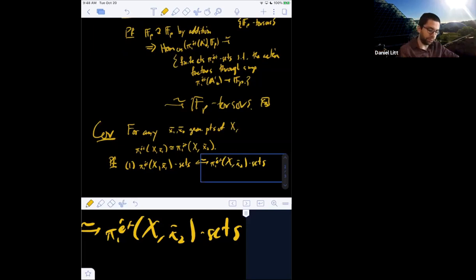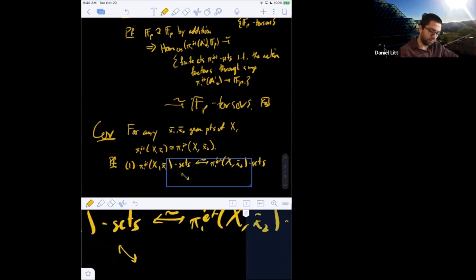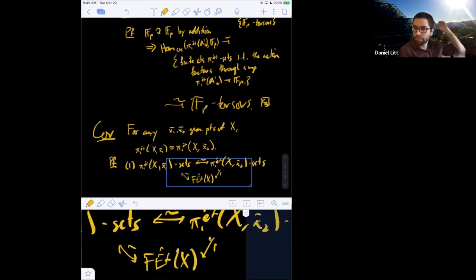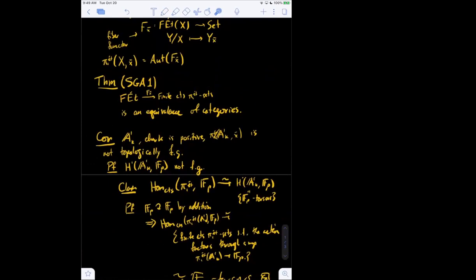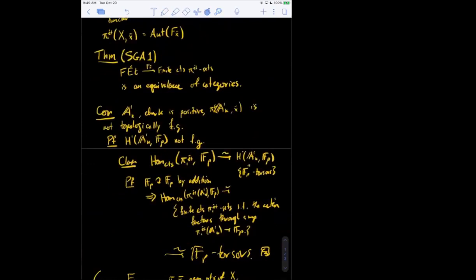Well, it's because they're both equivalent to the category of finite étale covers of X. Do you guys agree with this? This was precisely this claim over here, or this theorem. Okay, great. Thank you, Arvin.